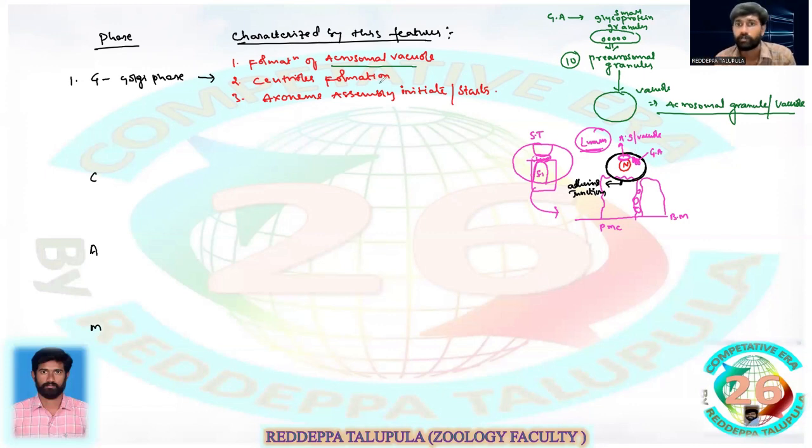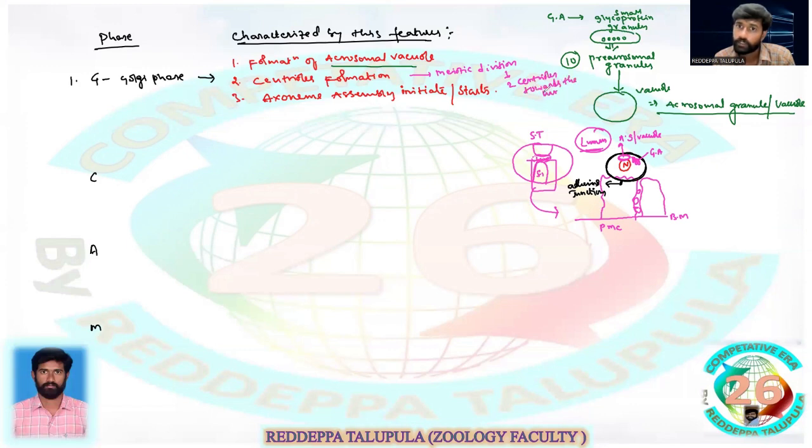Next, second one, centrioles formation. How will centrioles be formed? During the meiotic divisions, as we already discussed in the previous slide, cell organelles become specialized in this differentiation process. The centrosome which is present will be divided and forms two centrioles towards the lumen side.